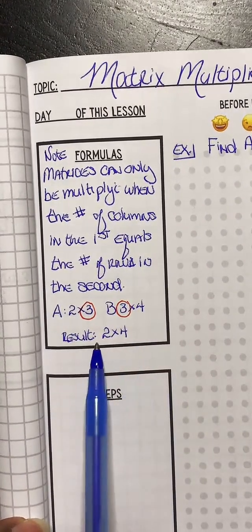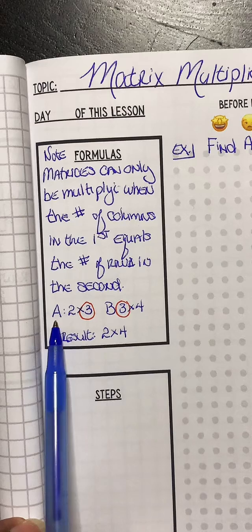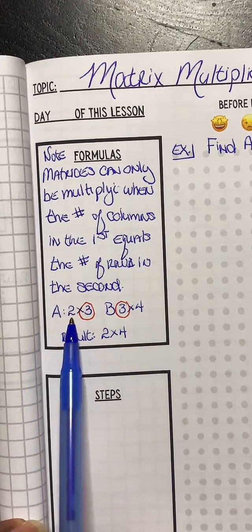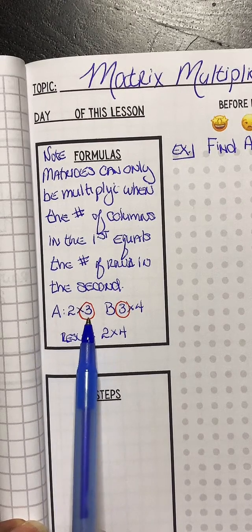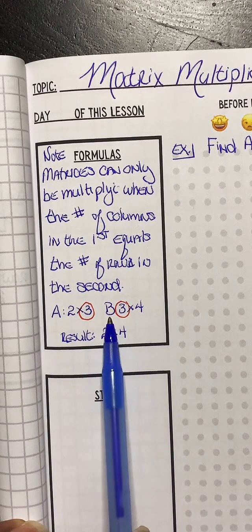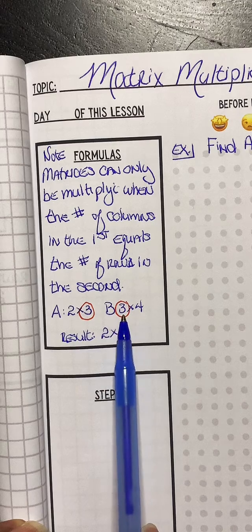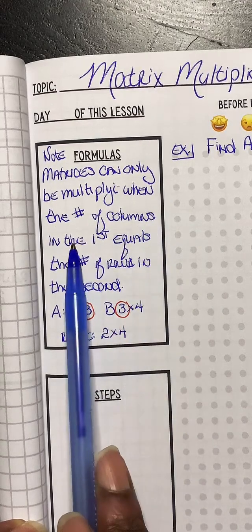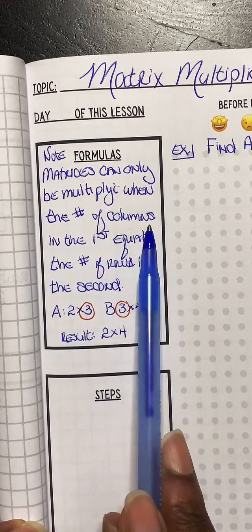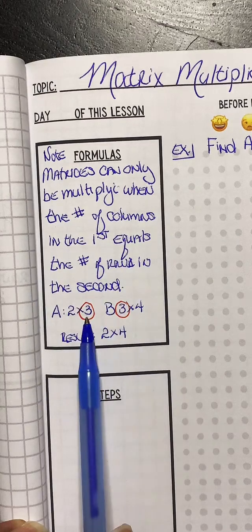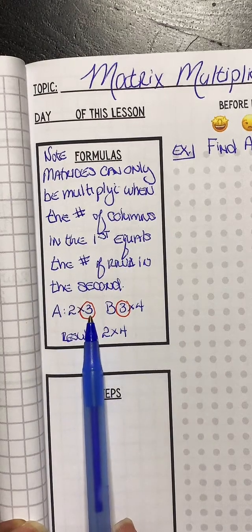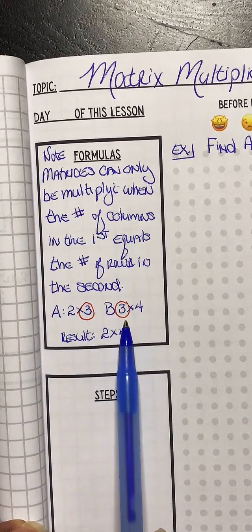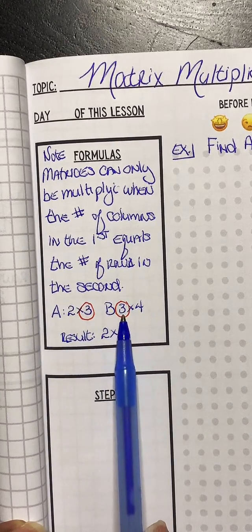So for example, we have matrix A. Matrix A is a 2 by 3 matrix, 2 rows, 3 columns, whereas matrix B has 3 rows and 4 columns. We want to know, before we multiply, whether the number of columns in the first, which is 3, equals the number of rows in the second matrix, which is this 3.